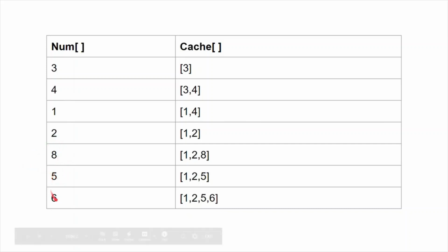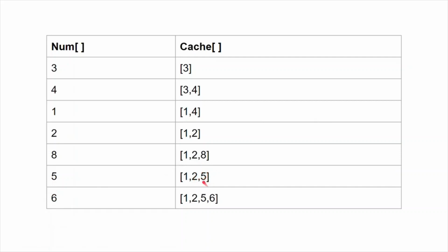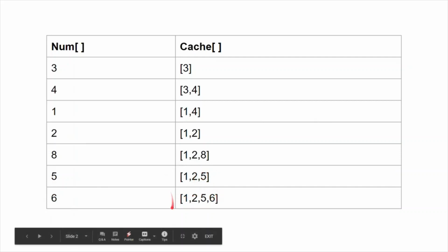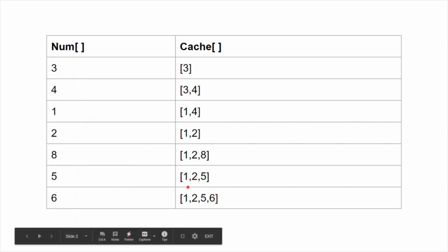And if we were to add 6, the best solution is to append it onto our current existing list, which is 1, 2, 5. If we have something like 1, 2, 8, we cannot append 6. So that's why we have to use this style to append elements, and in this case, we have to use binary search.